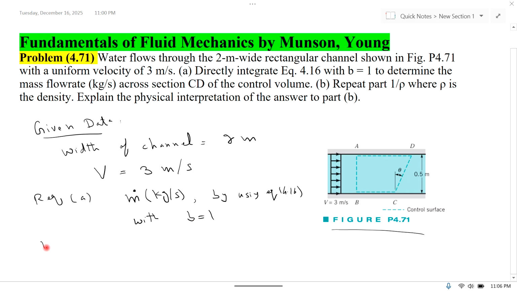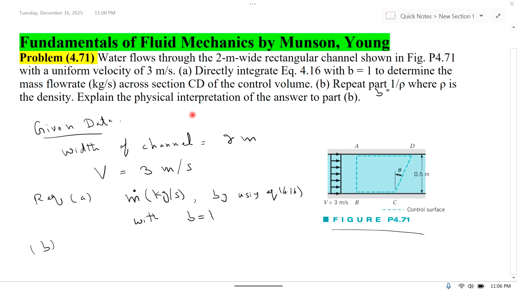And part B, repeat part A with b equal to 1 over rho, where rho is the density.